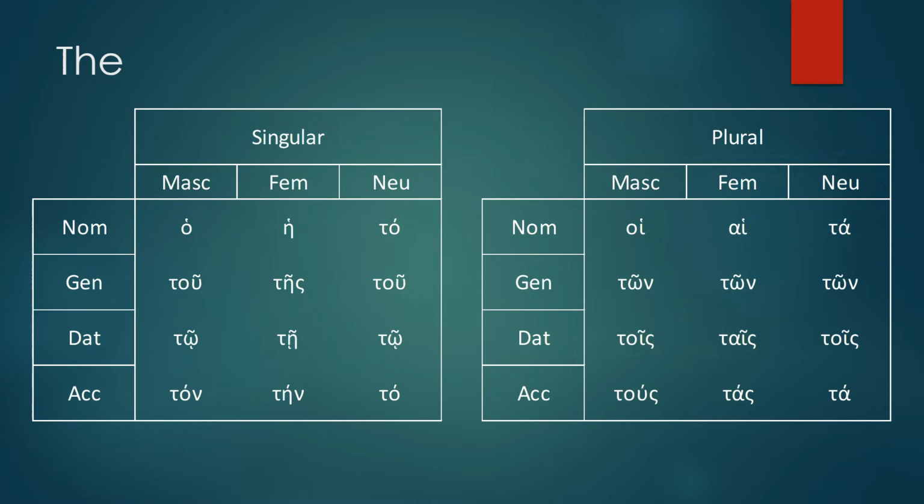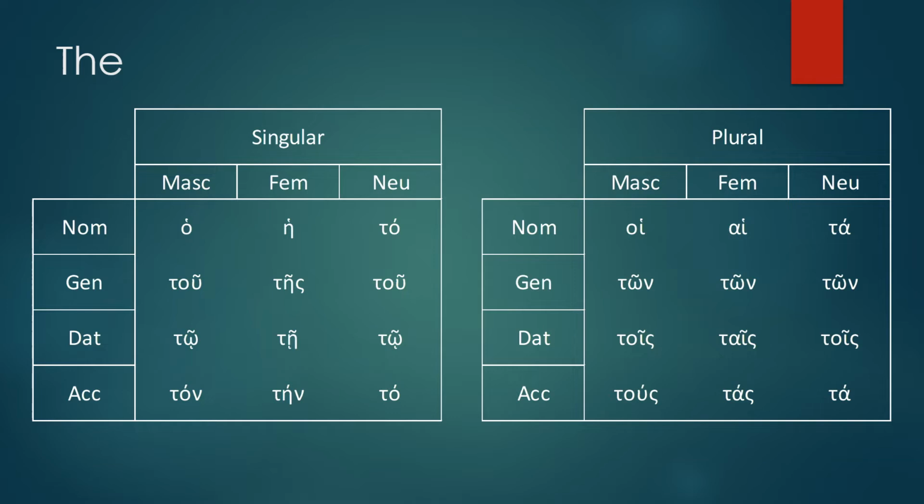Similarly, the genitive plural, -on, -on, -on, that -on ending, -ois, -ais, -ois there as well. Pretty similar. Also, we're following that circumflex rule where the genitives and the datives are getting circumflex, while nominatives and accusatives, even if the syllables are long, they don't get a circumflex.